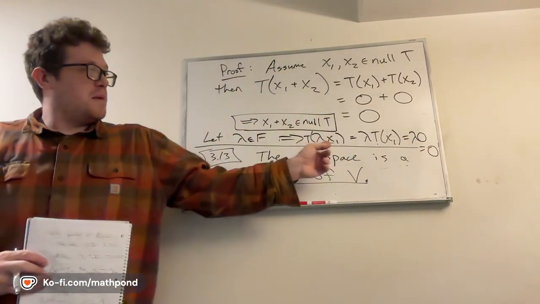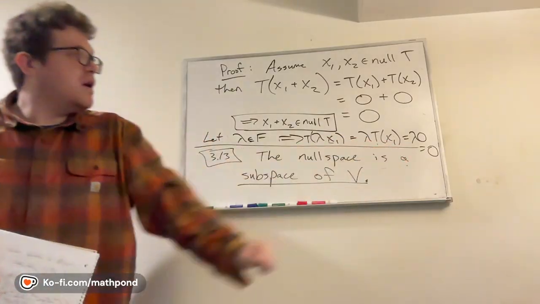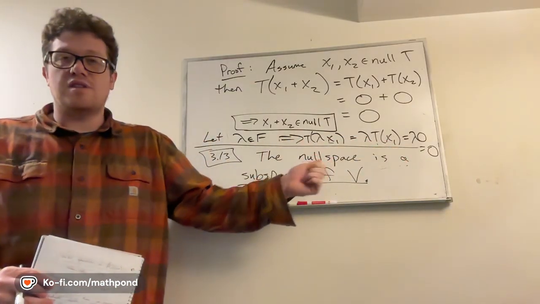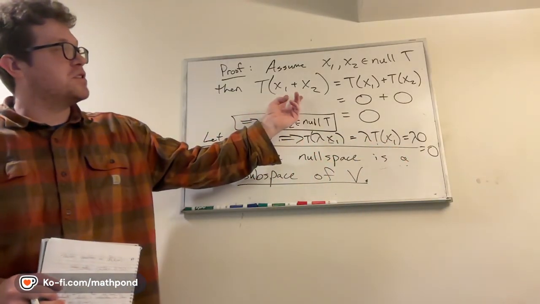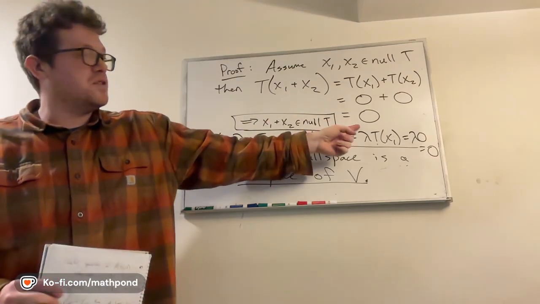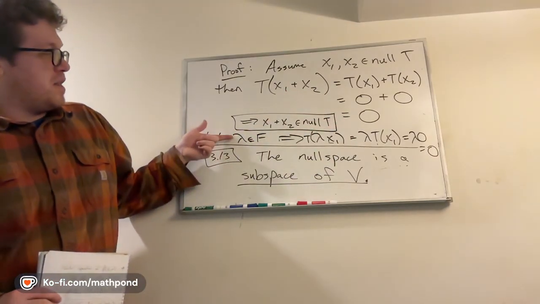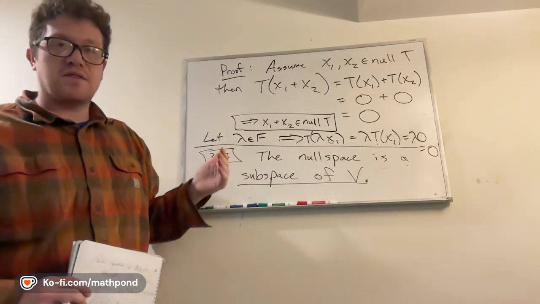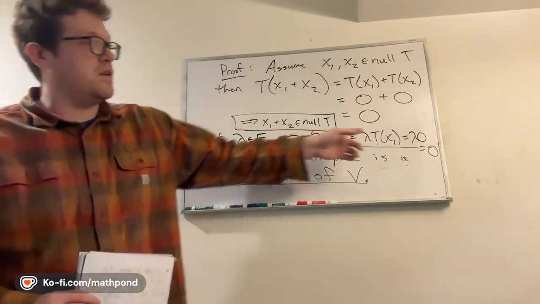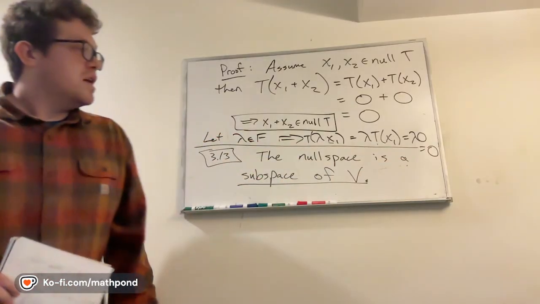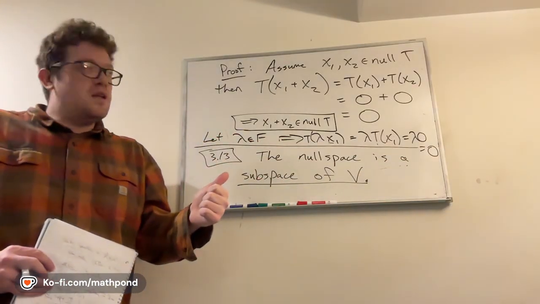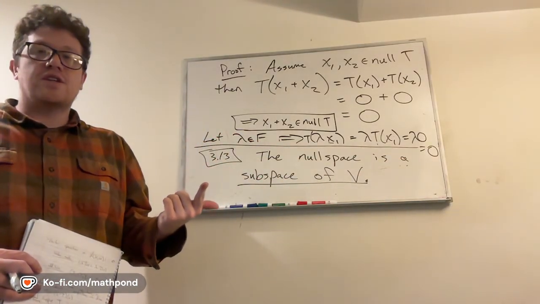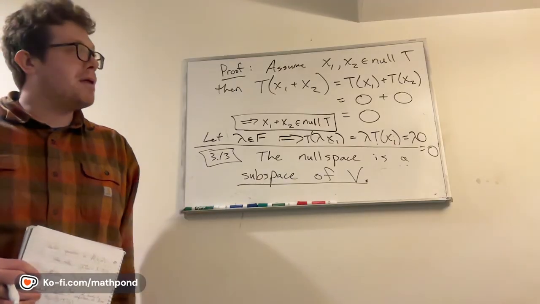So lambda times x1 also gets sent to 0, and therefore lambda times x1 is in the null space. So if I add two vectors in the null space, it's still in the null space. And if I multiply a vector that's in the null space by a scalar, then I also get 0. So it's closed under addition, it's closed under scalar multiplication, and therefore it's a subspace.